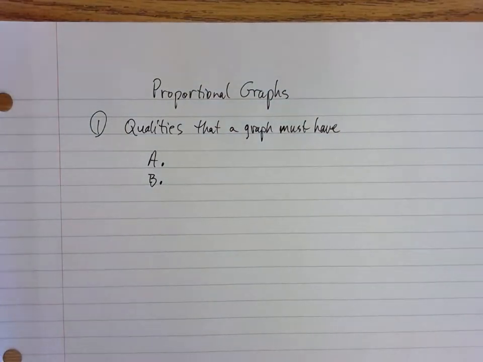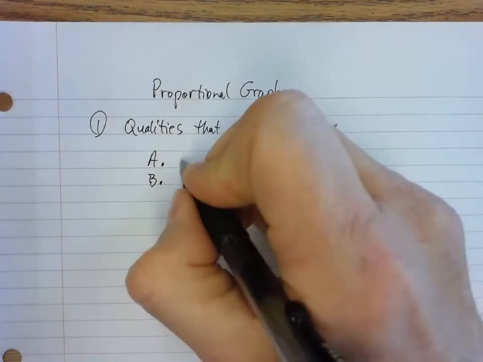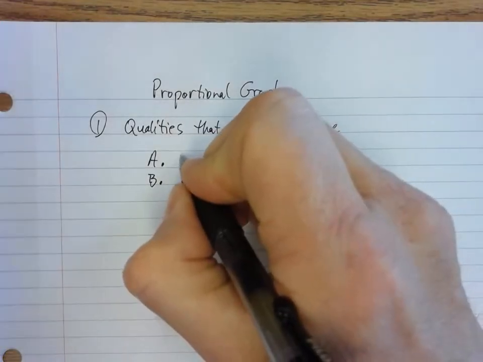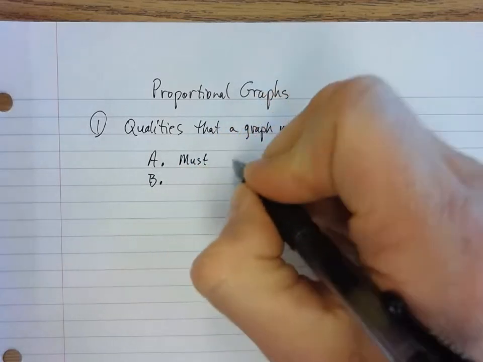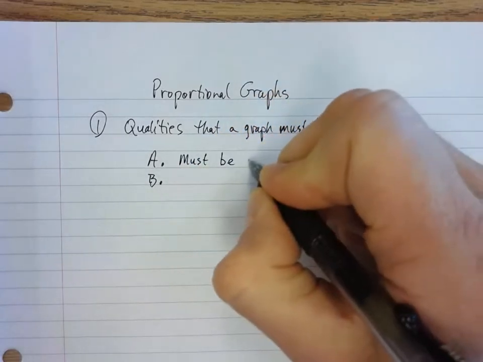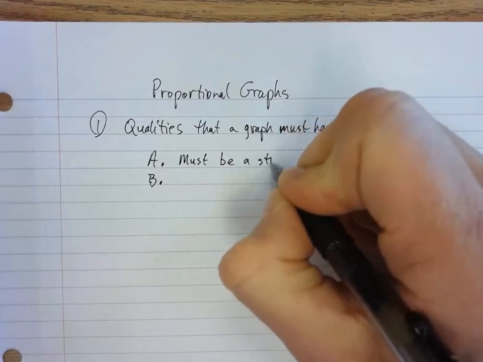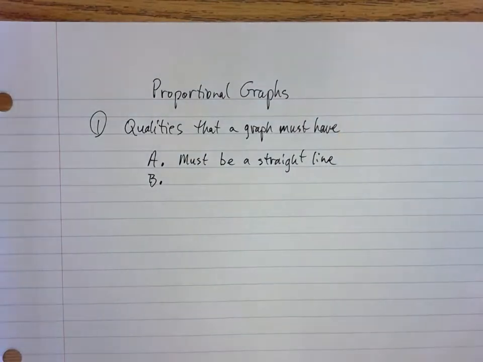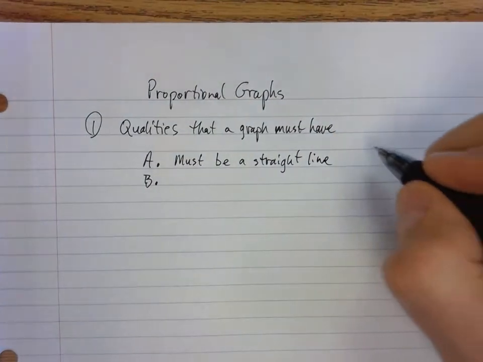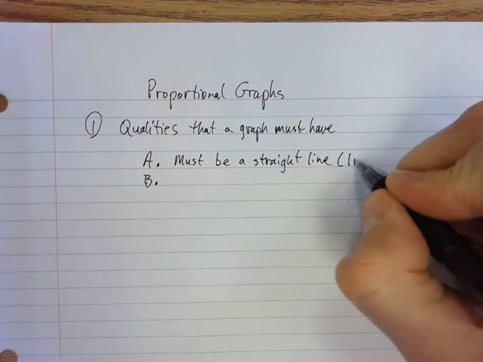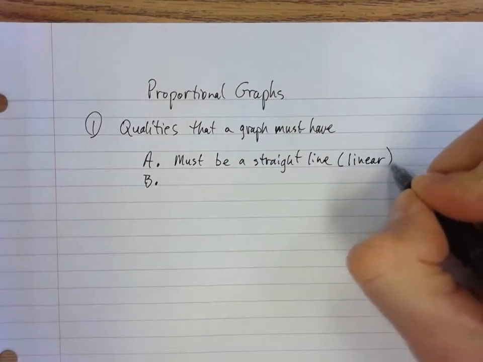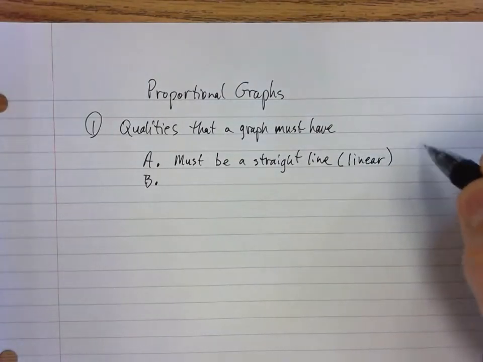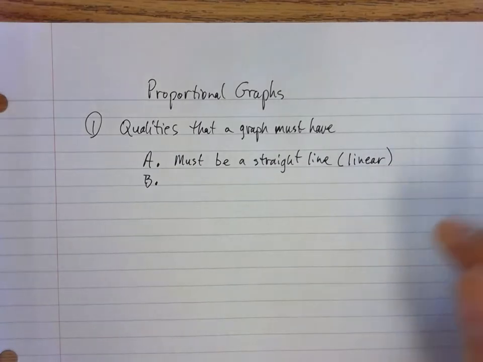Okay, so number one, it must be a straight line. Otherwise, the term you would want to use is that it must be linear, okay? So it can't be all janky and all crooked and have curves and whatnot, okay? It's got to be a straight line.